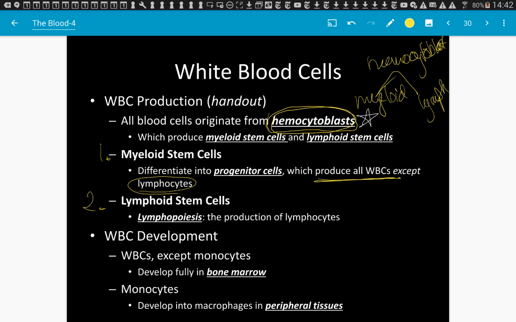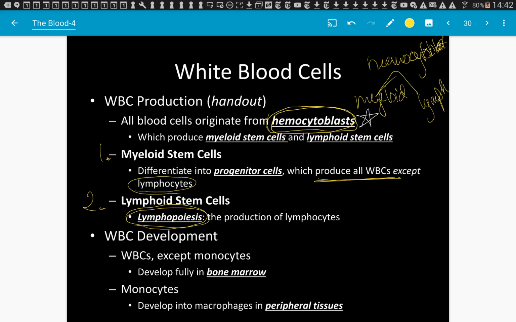So myeloid stem cells do almost all of the blood cells, okay? Lymphoid stem cells produce lymphocytes. Okay, and so that production of creating or producing these lymphocytes, we call it lymphopoiesis. So that is the term for the production of those lymphocytes.